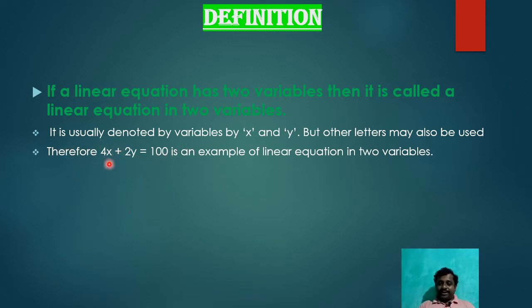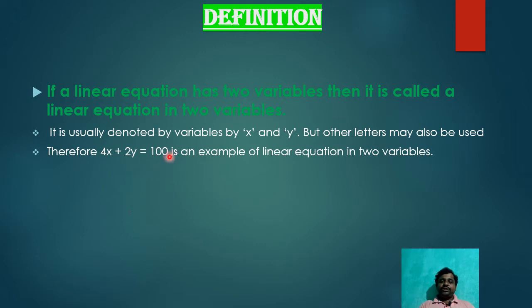The degree of this equation is 1, so this is a linear equation. In this particular case, we have two variables, so it is an example of a linear equation in two variables.